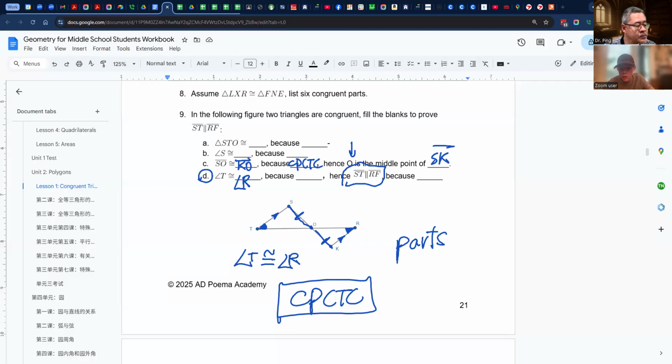Grayson? Sorry, where's F on here? F? What do you mean F? It says ST and RF. Oh, RK, sorry. Oh, okay, I was confused. Yeah, sorry about that. That should be RK.